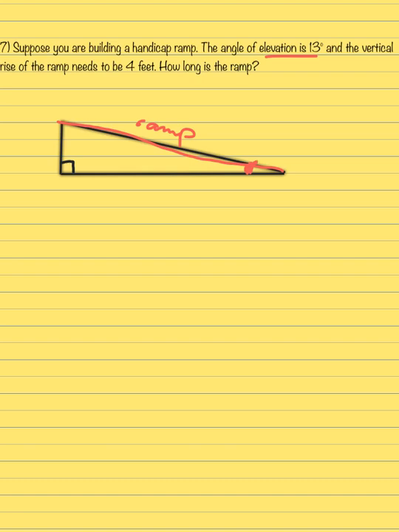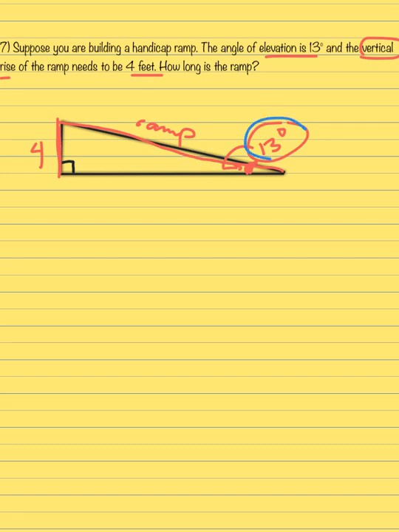That angle is 13 degrees. And then our vertical rise has to be 4 feet. So that would make the up side here 4 feet. And we need to find the length of the ramp. So we just need to decide how we're going to set this up now.